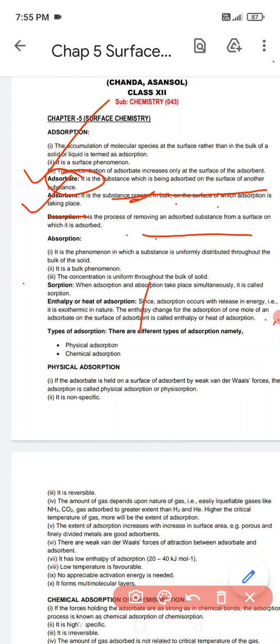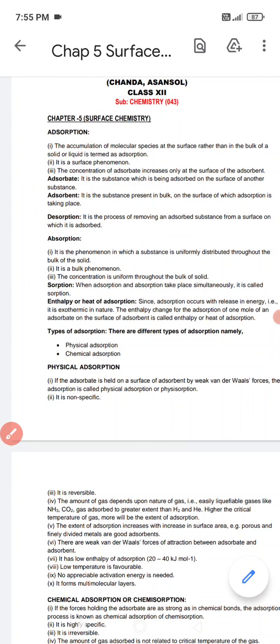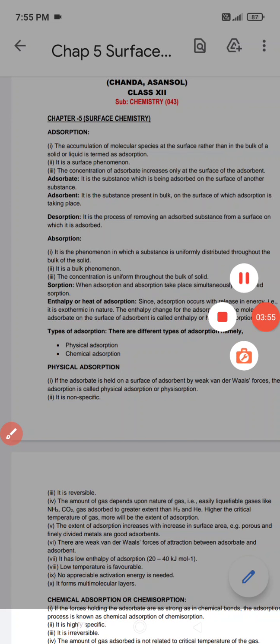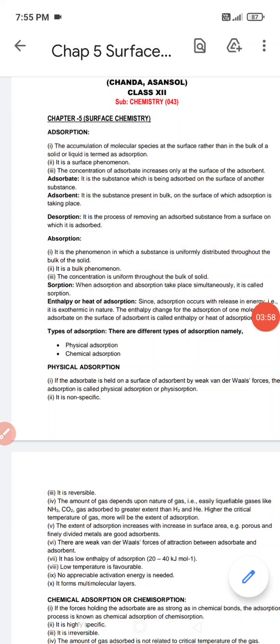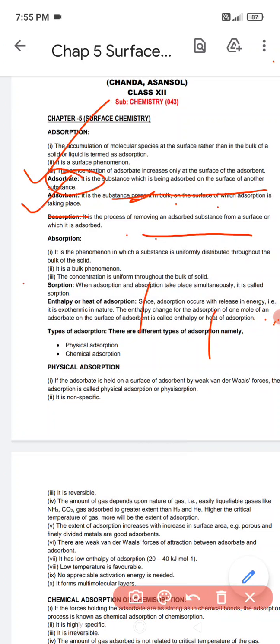Now the next topic we have is absorption. What is absorption?